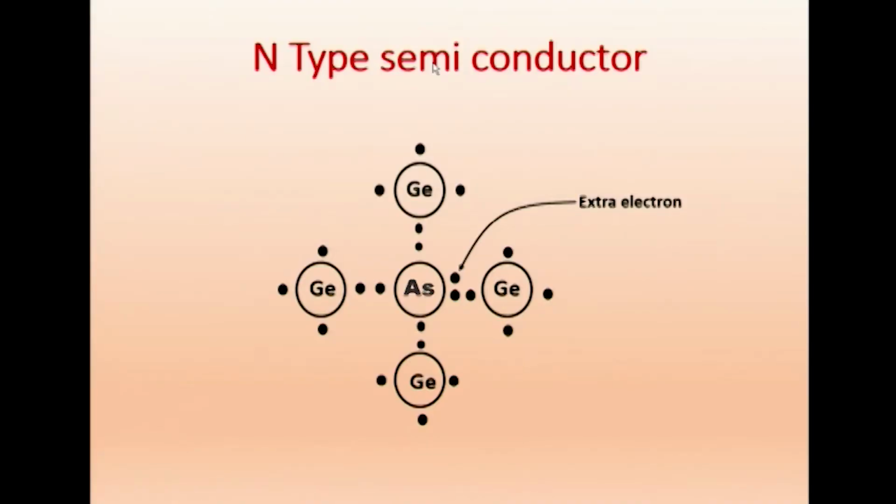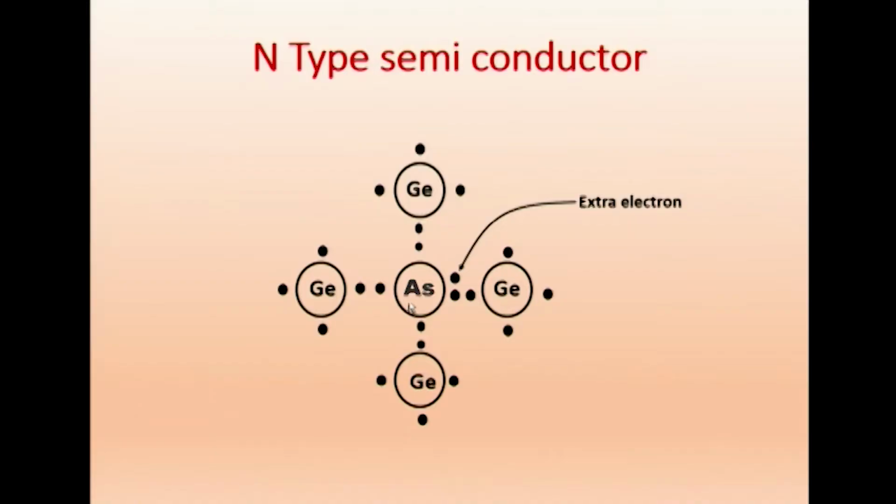In extrinsic semiconductors, we have what is called N-type semiconductor or P-type semiconductor. When you say extrinsic, we are going to dope, that is, add something. See, in the earlier picture we had this one as germanium. Now we are replacing it with As.